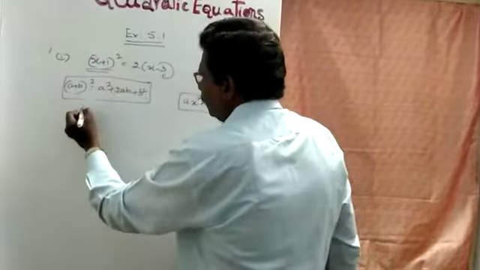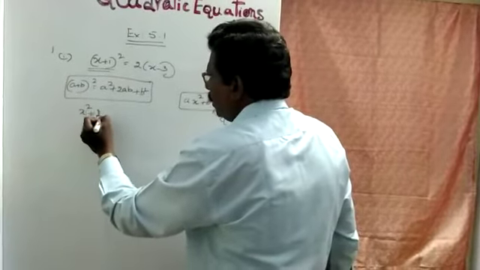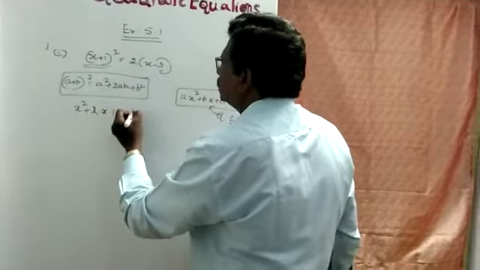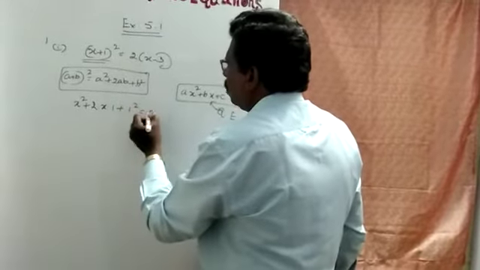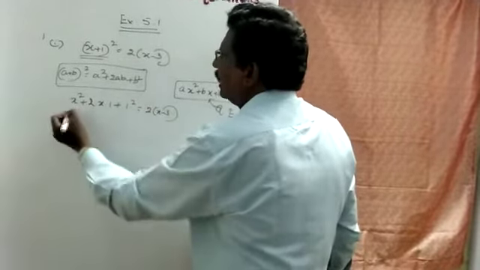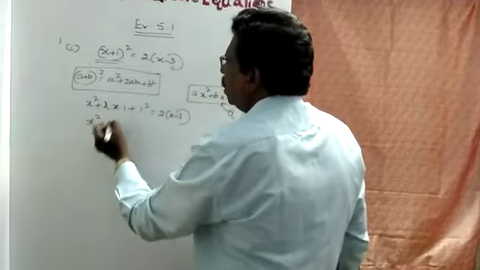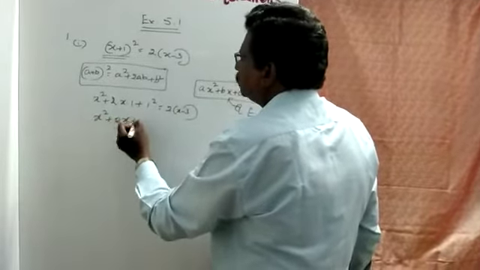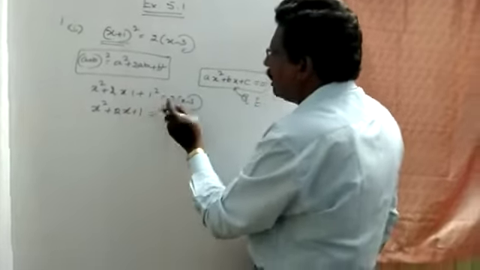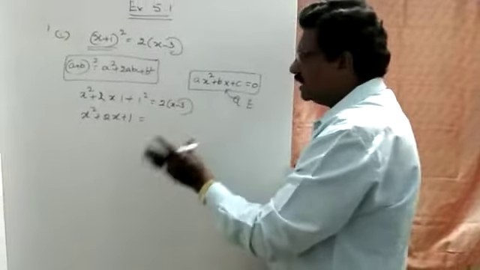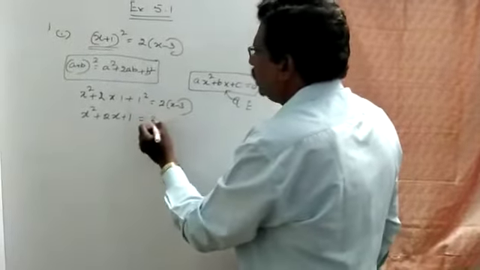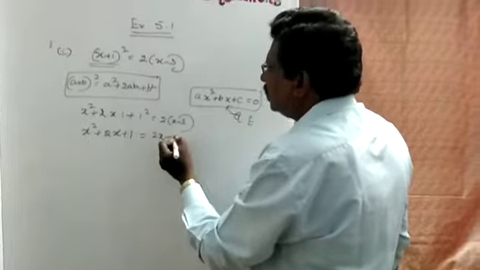x square plus 2 into x into 1 plus 1 square is equal to 2 of x minus 3. Again you have to write x square plus 2 into x into 1, that is 2x, plus 1 square means 1, is equal to, bracket means multiplication, don't forget it there. 2 into x, 2x, 2 threes are 2 into 3.